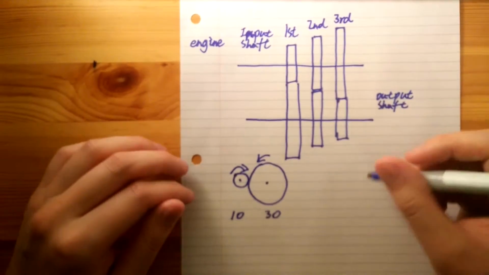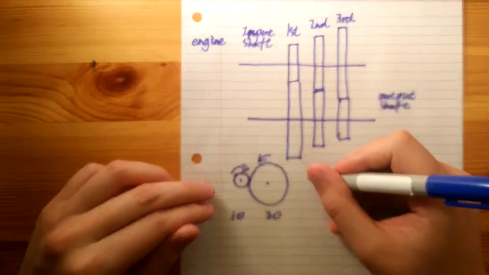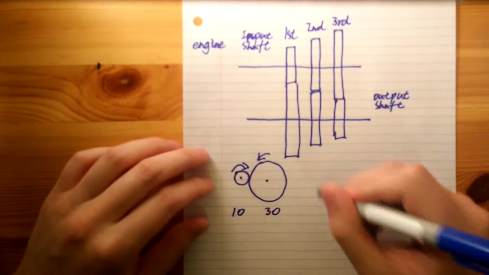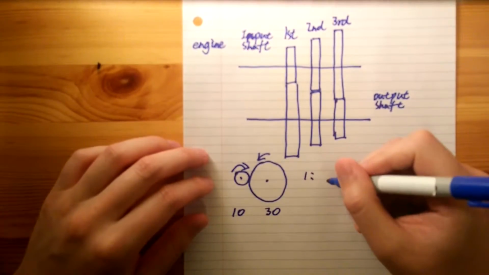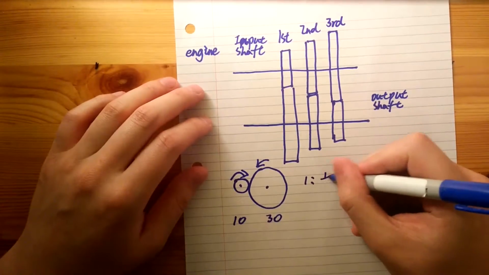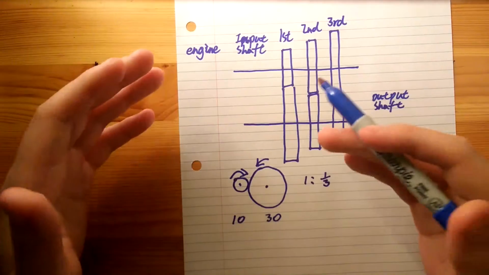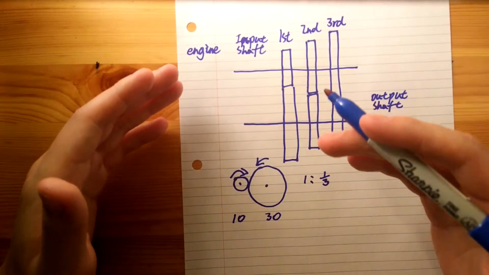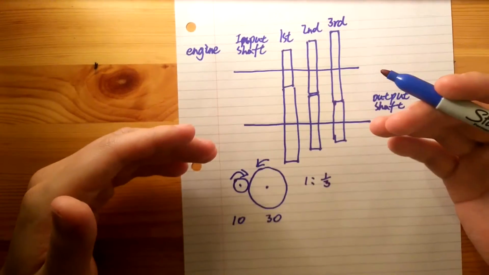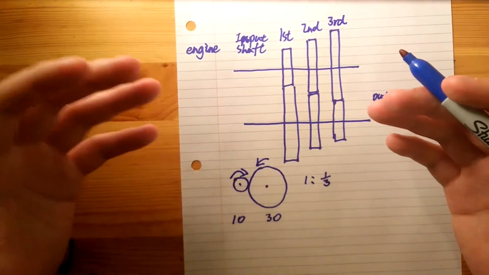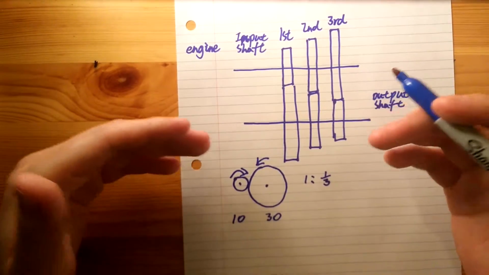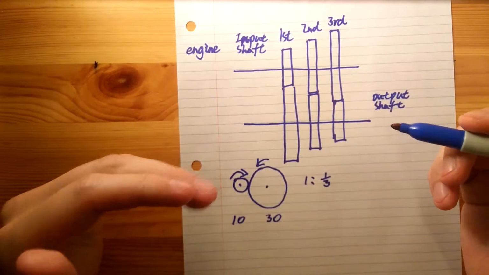So in this case, for every full rotation the input gear makes, the output gear would make 1/3 of a rotation. So as we can see, the input gear moves a lot faster than the output gear. At the same time, there's a lot of torque delivered to the output gear.